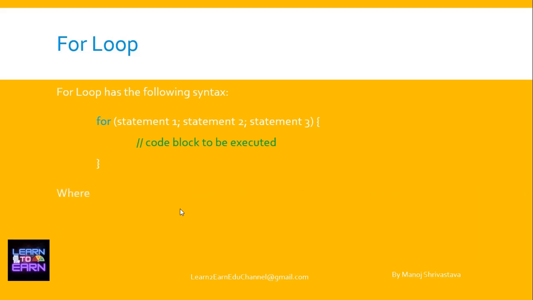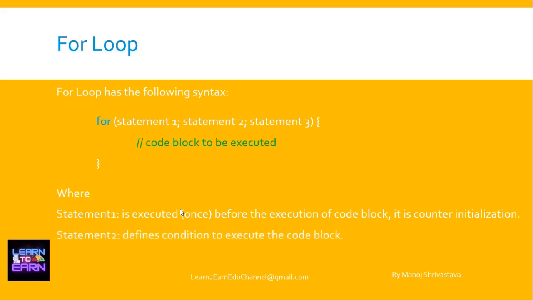Statement 1 is executed once before execution of the code block. It is the counter initialization. Statement 2 defines the condition to execute the code block. And statement 3 is the increment or decrement of the counter, executed every time.